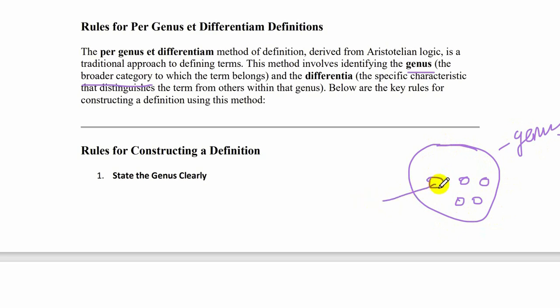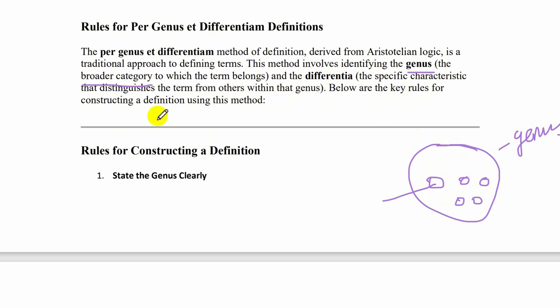We have to differentiate the properties of this one particular term from the others. That is a differentia. So this method involves identifying the genus, the broader category to which the term belongs, and the differentia, the specific characteristics that distinguish the term from others within that genus.